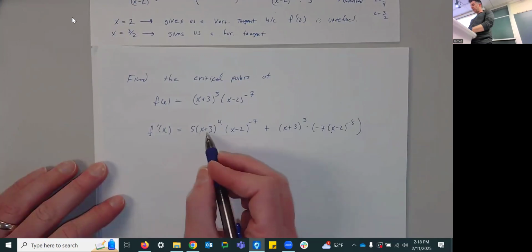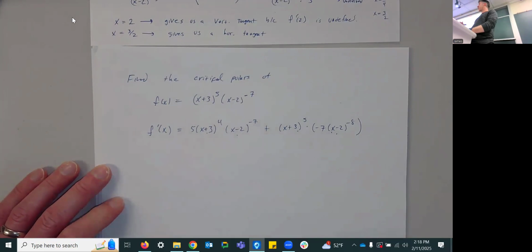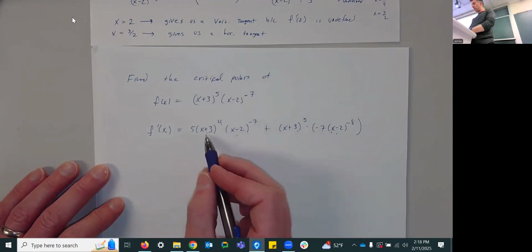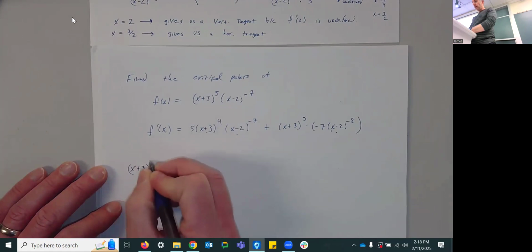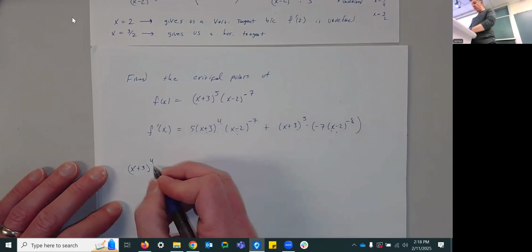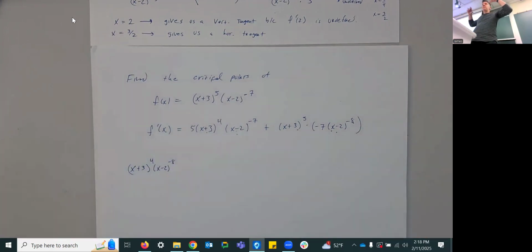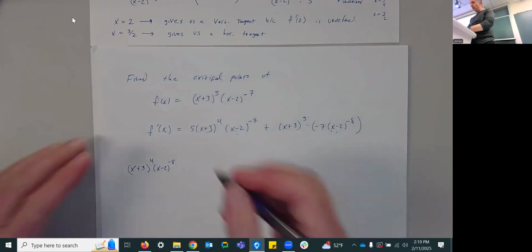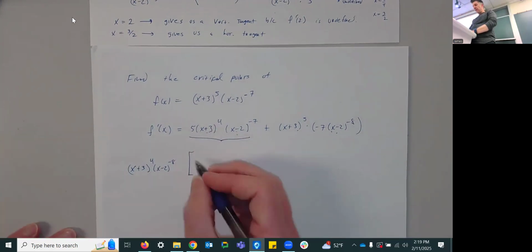So let's see, I have an x plus 3 and I have an x minus 2. I'm going to factor out the lesser power of x plus 3, which is the 4th power. I'm going to factor out the lesser power of x minus 2, which is the -8th power. But when we're factoring out, what you should really be thinking is, I'm dividing each piece by this. So, for this first piece, I'm left with a 5.